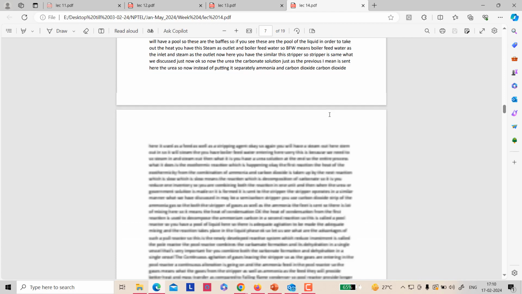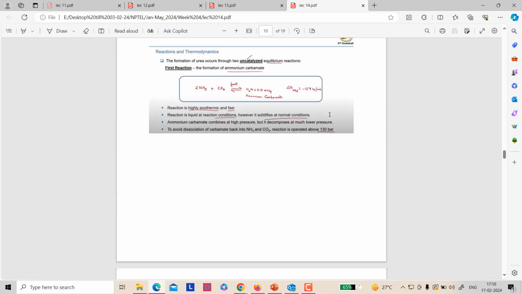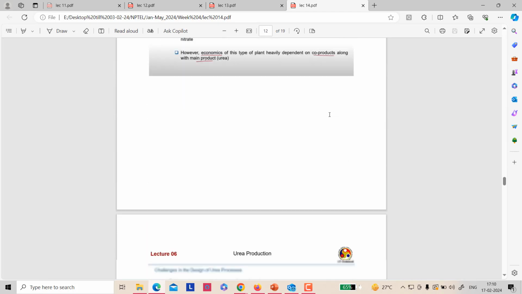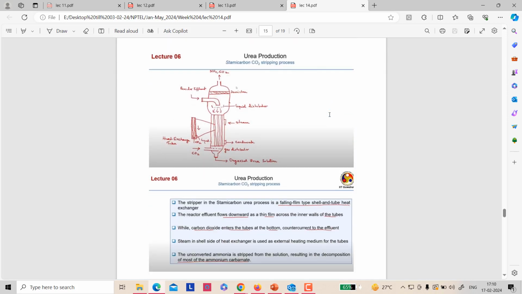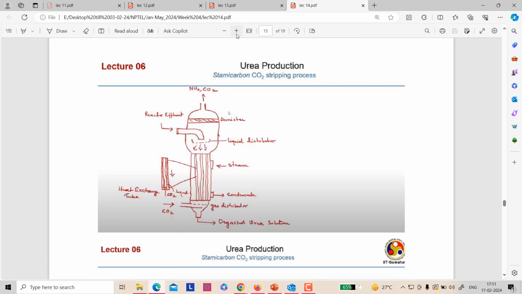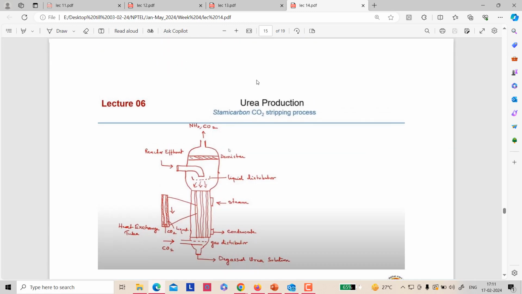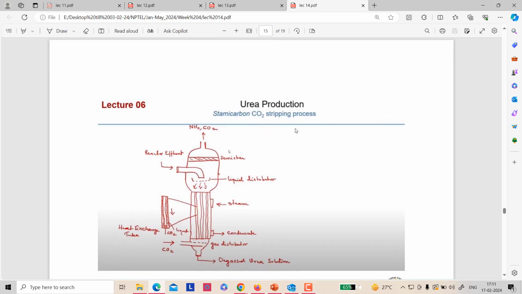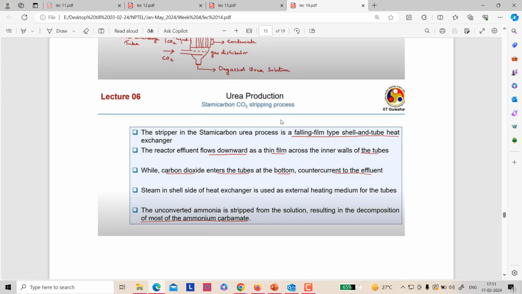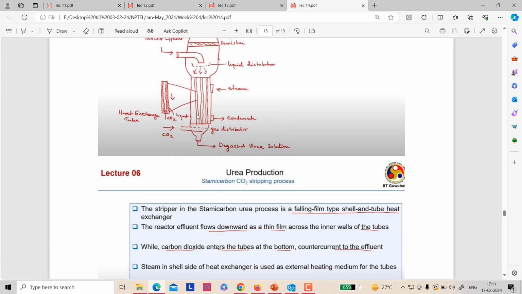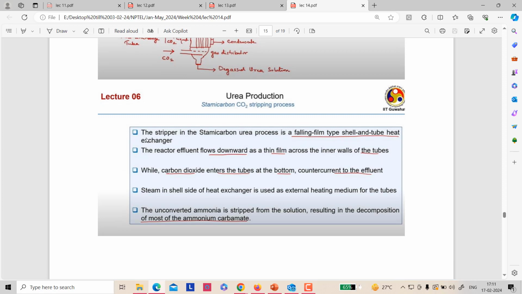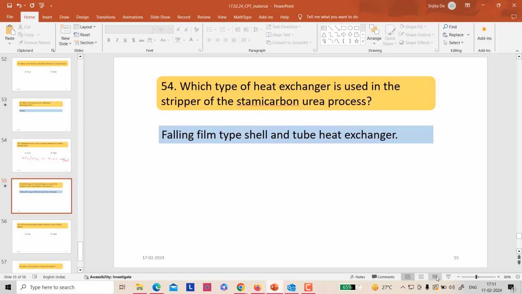Here, this is the case of urea semi-carbon CO2 stripping process, urea production, and this is the heat exchanger. Liquid is like that, falling film, and it is written that a stripper in the semi-carbon urea process is a falling film type shell and tube heat exchanger. So the answer will be this.